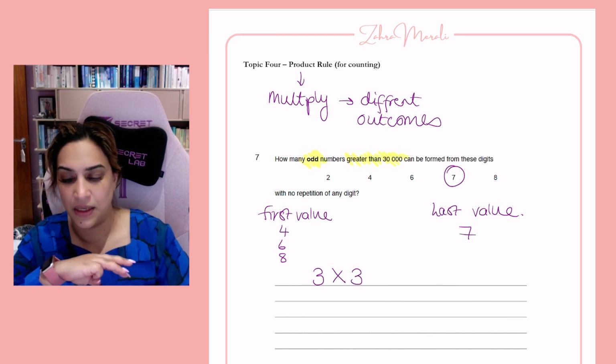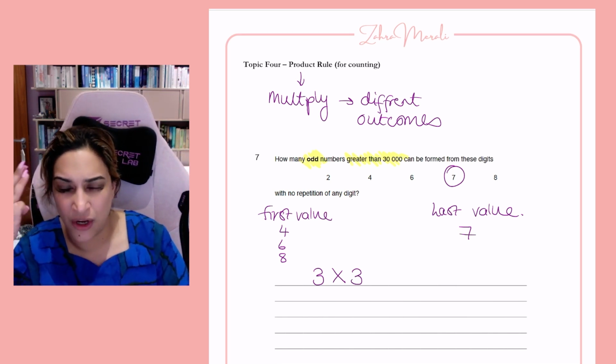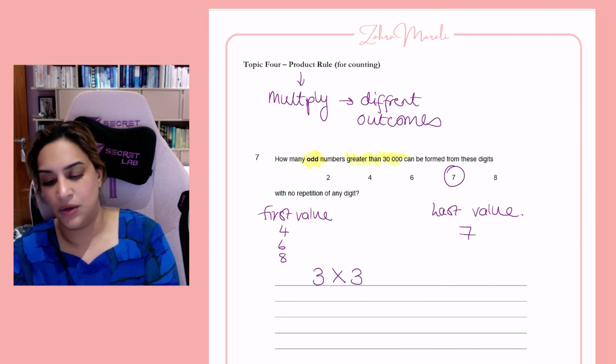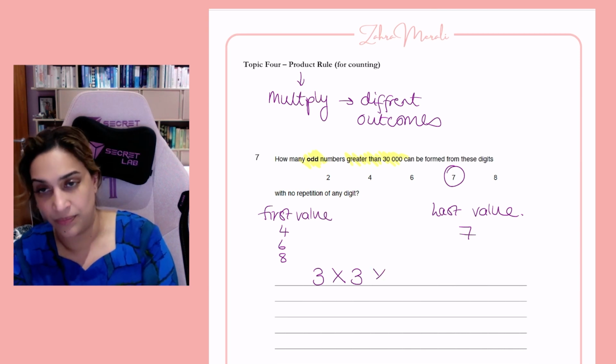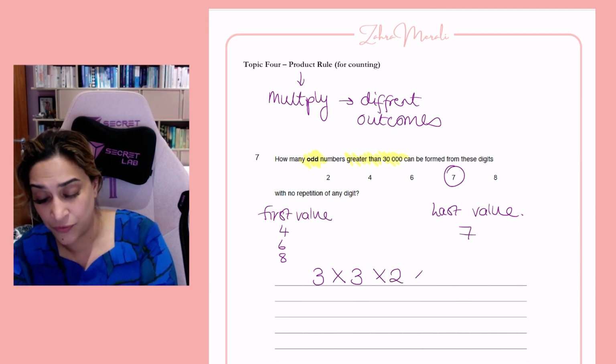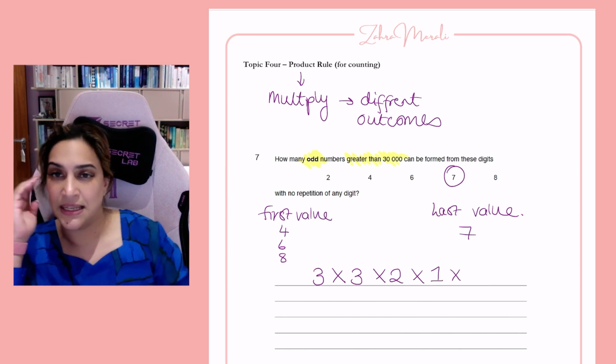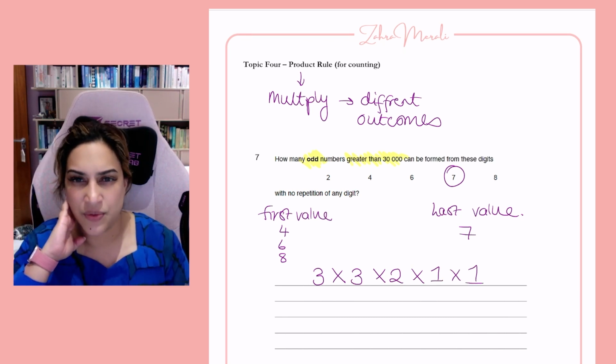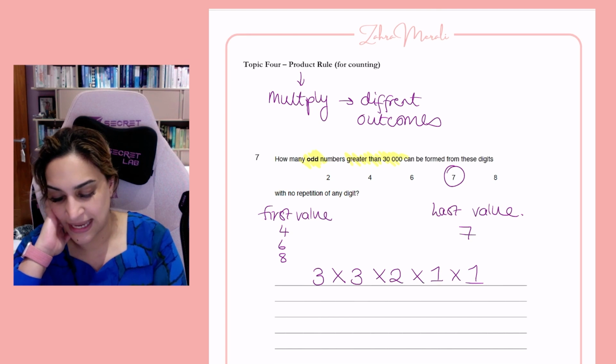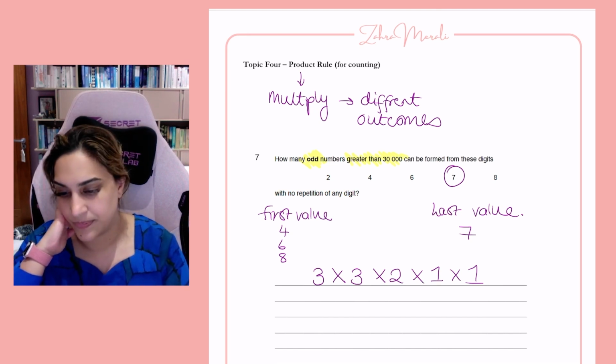So there's only 3 options. Now those 3 options left over, one of them can be used for the third value. There's only 1 left for the 4th value, and there's that 7 there. So we get 3 times 3 times 2 to give us 18 possibilities.